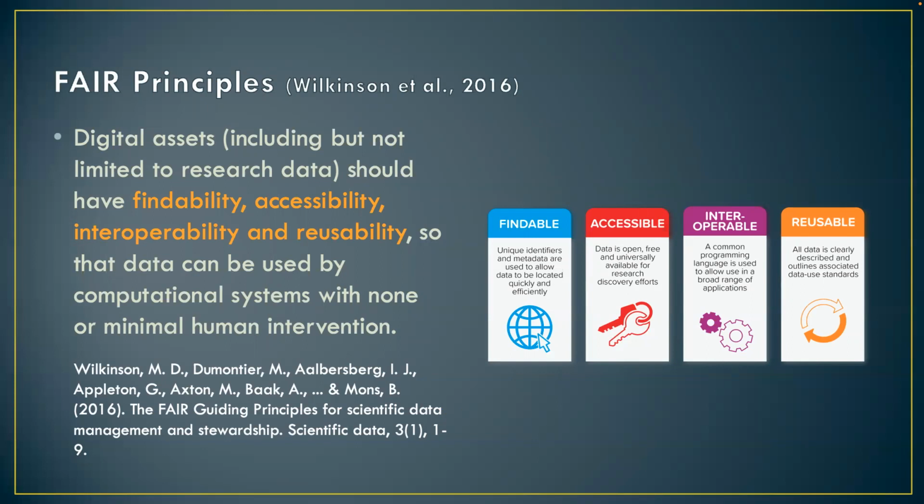Such principles are summarized into the 4 major goals of findability, accessibility, interoperability, and reusability. Under these 4 goals, these researchers have proposed 15 principles of how we should manage research data so that they can be FAIR. And the ultimate goal is that the data can be used by computational systems with no or minimal human intervention.